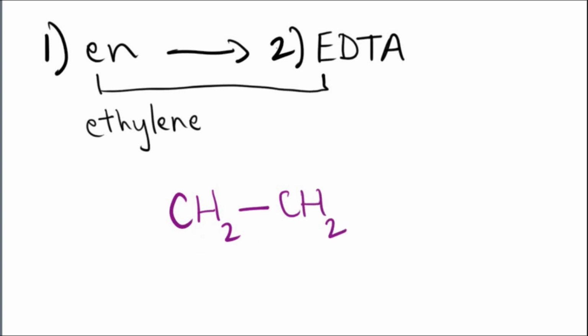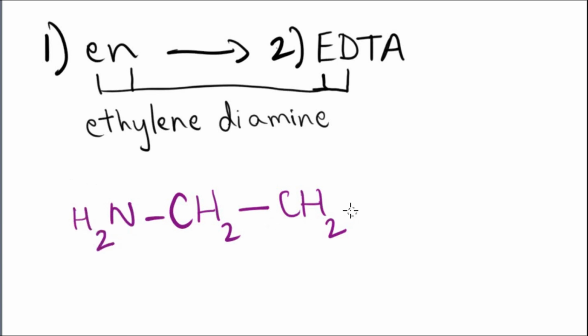Moving on to N and D, D stands for di and N is for amine. So it would be ethylene diamine, which means 2 amine molecules. Amine is NH2, so both of them, one on each side of the ethylene. So this completes the ethylene diamine, which is en.